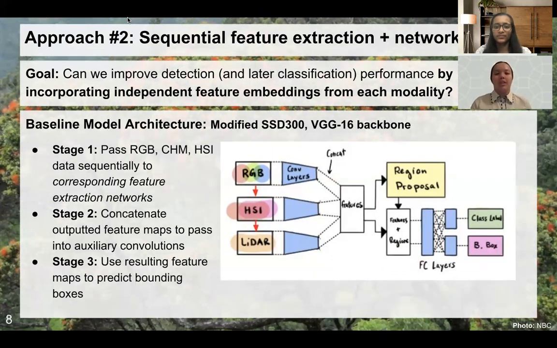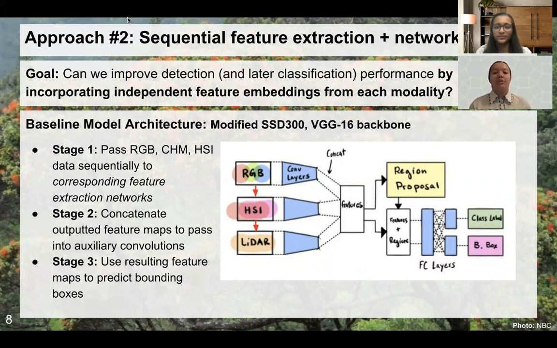The goal of this was looking at, can we improve detection performance by incorporating independent feature embeddings for each modality? We did this by first freezing the HSI and CHM baseline backbone heads and training only the RGB head.